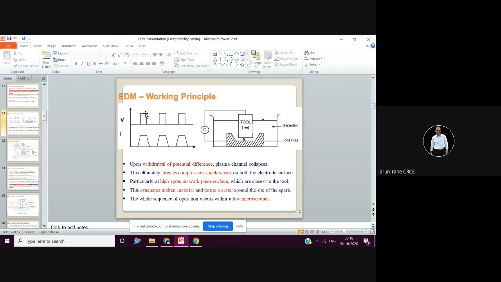So this is your on time, this is your off time. The graph is voltage and current against time. On the x-axis there is time, which is not shown here, but I hope you know.